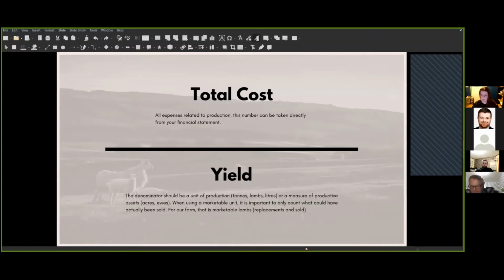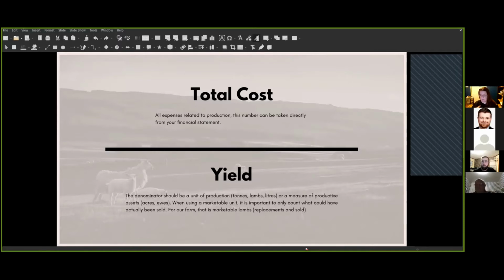If you have a machine shop or something, you want to take those numbers out, and you divide that by your yield. Now the yield can be anything really, but the yield I'll be using tonight is marketable lambs. I'm including my replacements in this number and all of the lambs that I have sold.